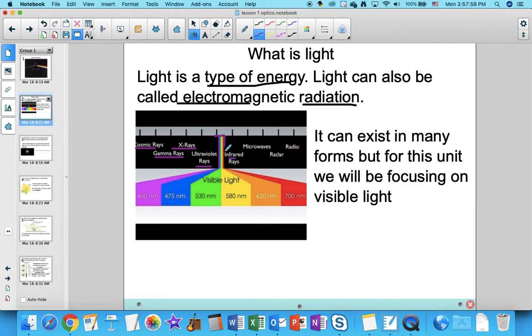But this narrow section here, all the way across, all the colors that we can see, or that make up other colors, falls into an area called visible light. This is what we can see, and this is a very small area of what is called electromagnetic radiation.